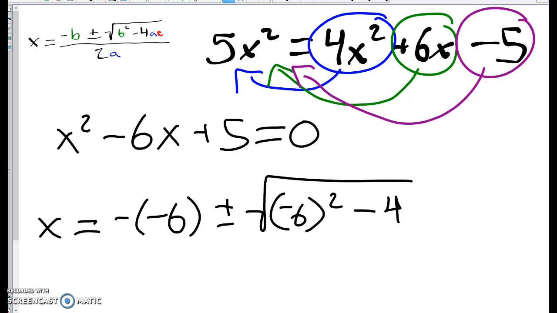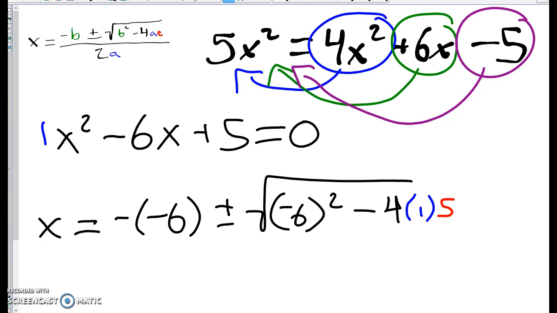A in this case, there's no number written in front of x squared, which means it's 1, right? That's the coefficient that can just sort of be dropped off because 1 times anything is just that number. So we usually don't write it. So 4 times 1 times c, in this case, is positive 5.